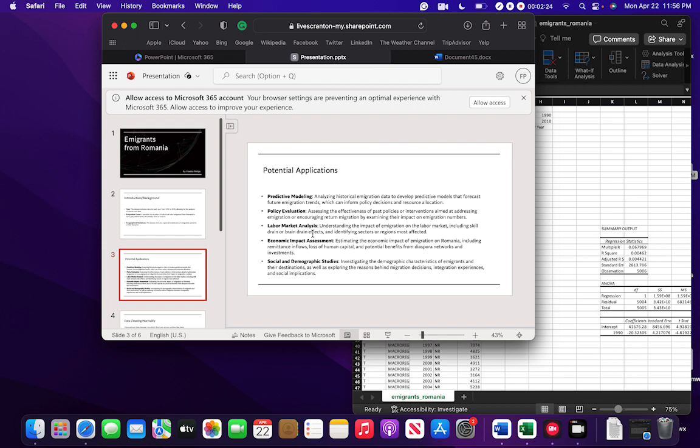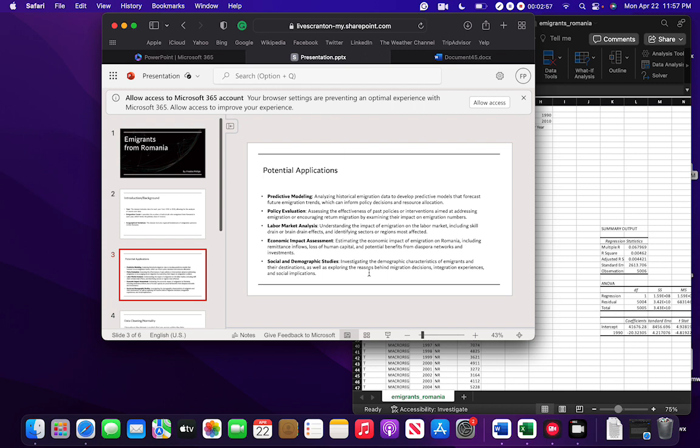Labor market analysis: understanding the impact of immigration on the labor market, including skill drain or brain drain effects, and identifying sectors or regions most affected. Economic impact assessments: estimating the economic impact of immigration on Romania, including remittance inflows, loss of human capital, and potential benefits from diaspora networks and investments.